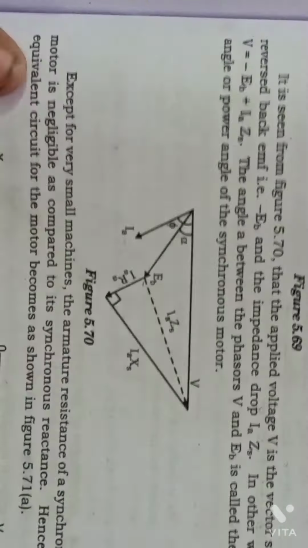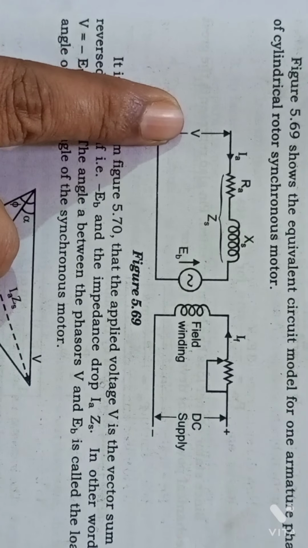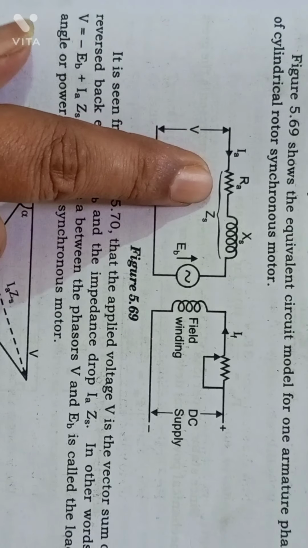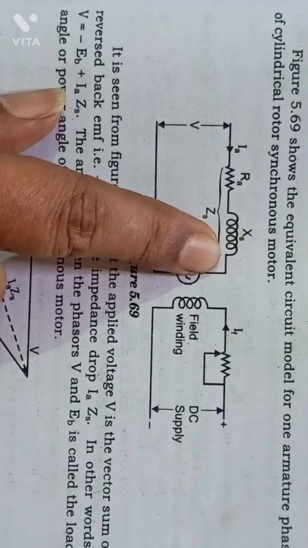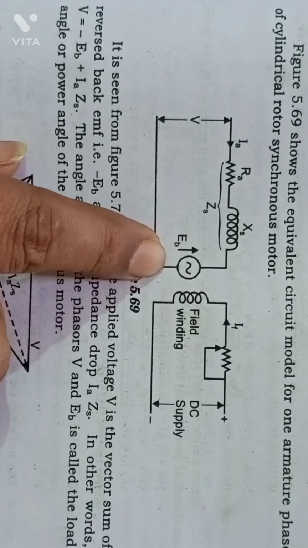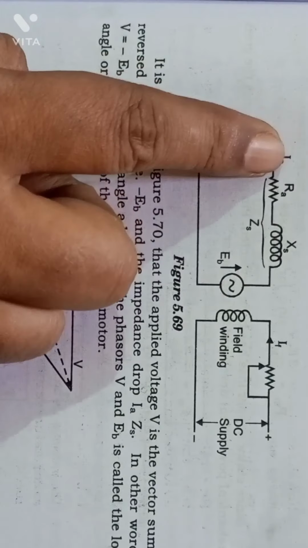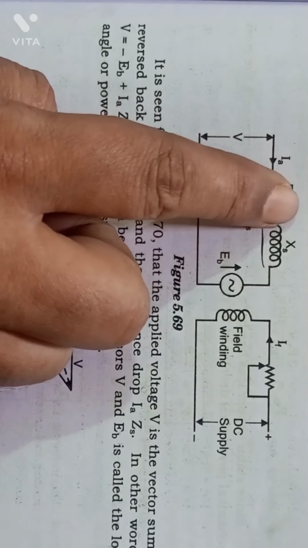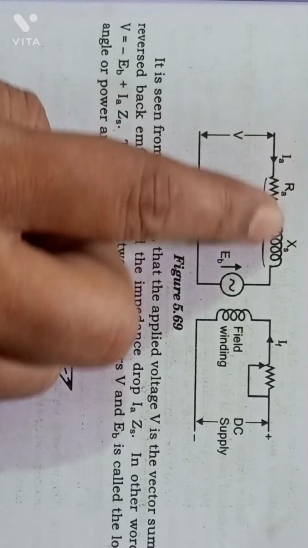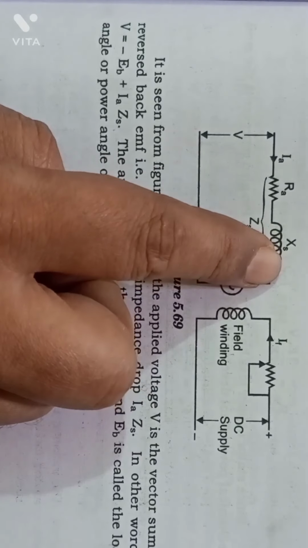Now see here, the torque equation of synchronous motor. This is your voltage, this is your resistance, this is your inductance, so totally called as ZS. It's your EB. Now this IA current flows through this RA. There is no phase difference between voltage and current. Suppose this produces a voltage difference of 90 degree.